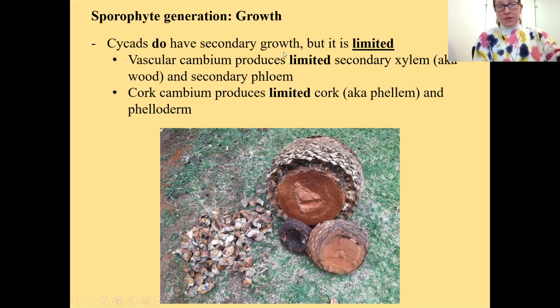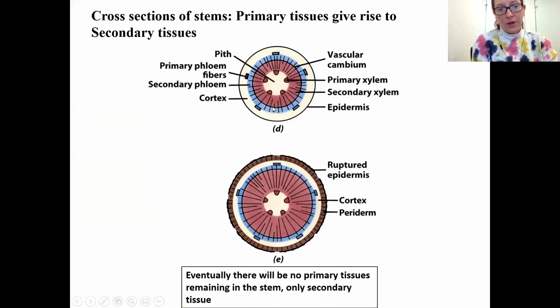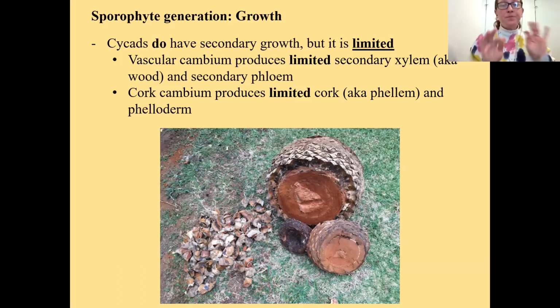So back to the secondary growth thing. Cycads, which is what we were originally talking about, do have secondary growth, but it's very limited. Just know today, cycads do produce secondary growth, but that it's limited.